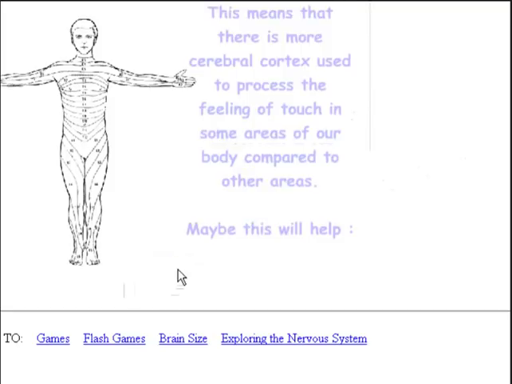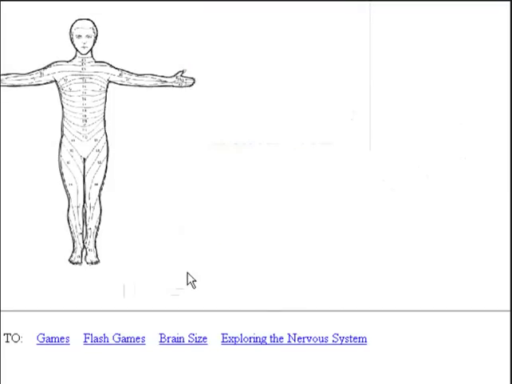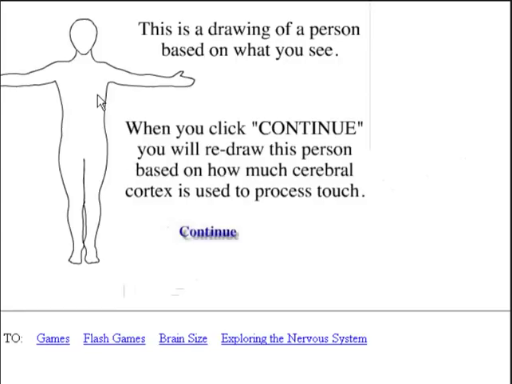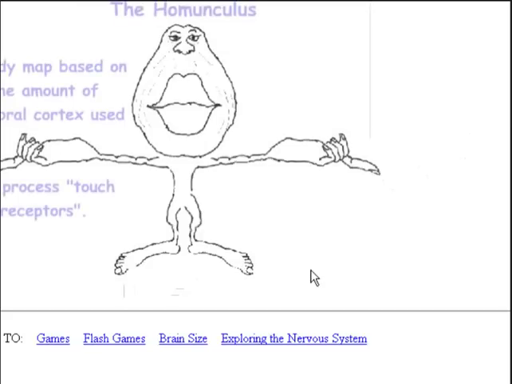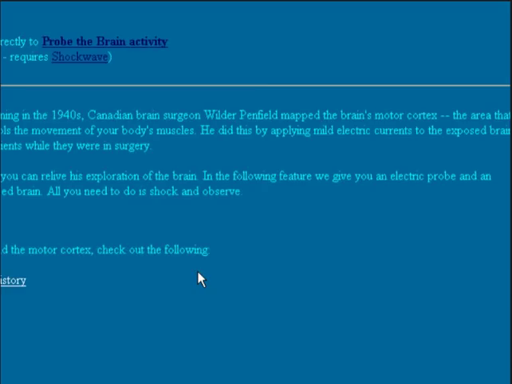This is just telling you that more of the cortex is assigned to certain areas as compared to others, and it's talking about sensory, but this holds true for motor functions also. So this is very interesting. This is a drawing of a person based on what you see. When I click continue, this is how the cortex uses it. So you can see how the homunculus is represented. And so let's go back to our PowerPoint. So that's what I wanted to show you on this.